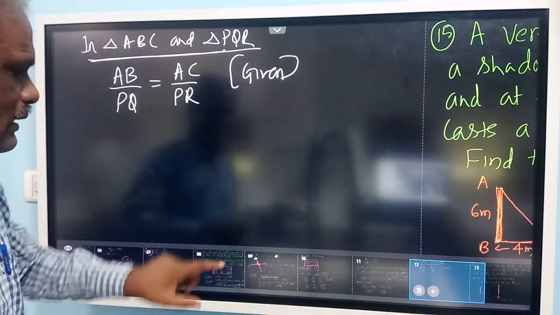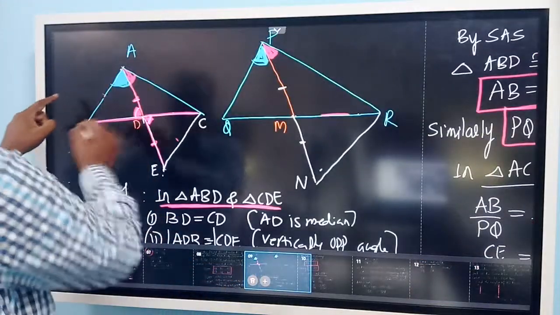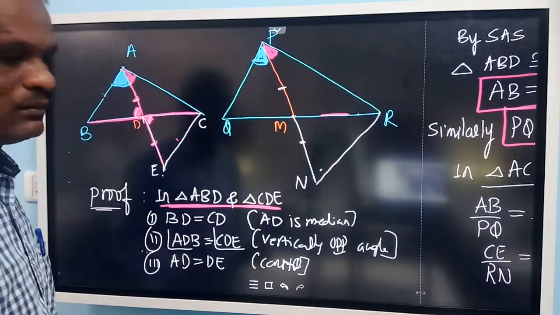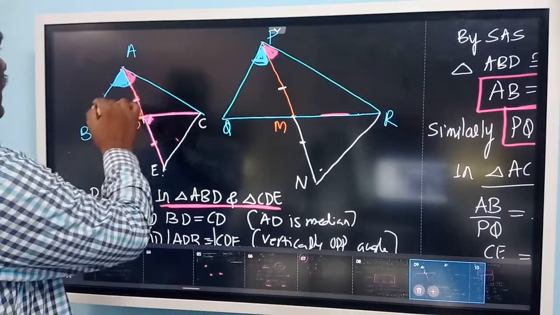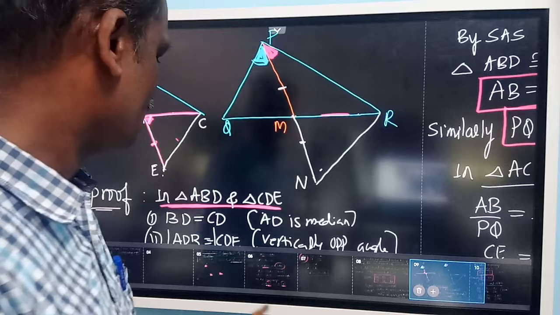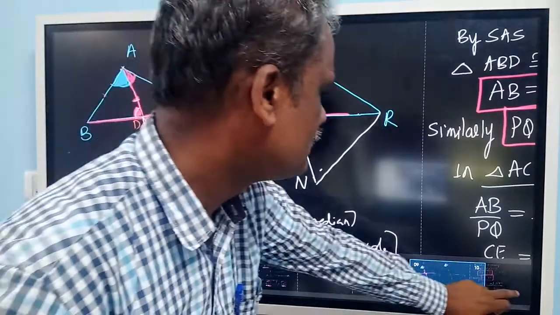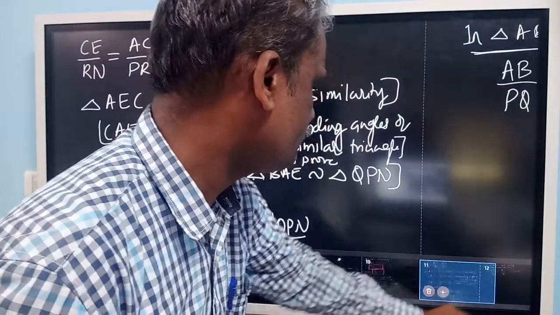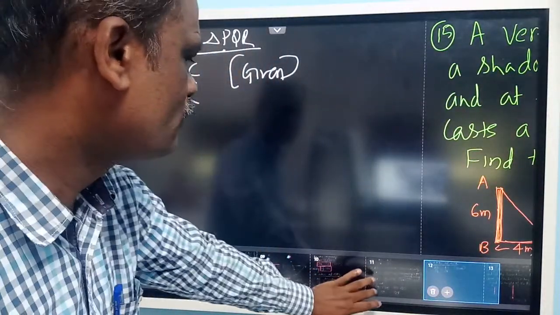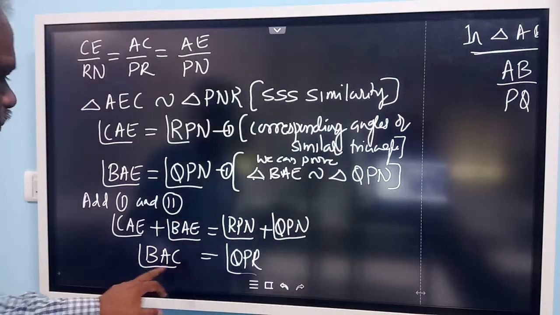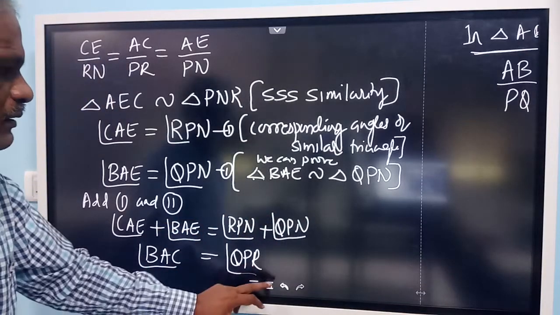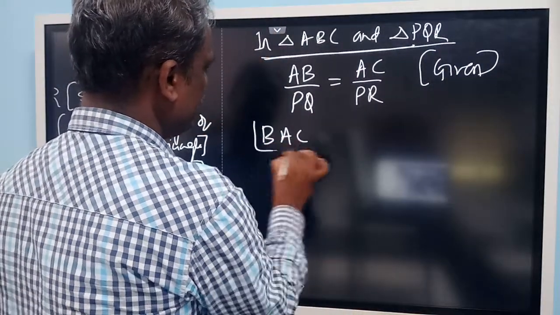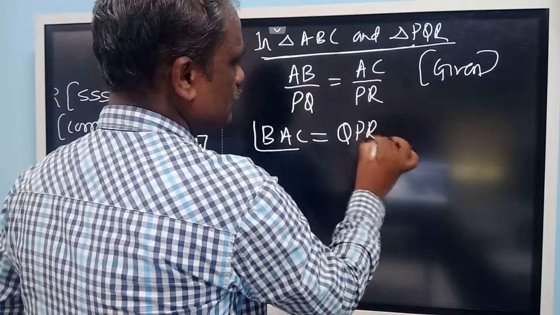Then one more. In these two triangles, AB by PQ is equal to AC by PR. We proved that these two angles are also equal, isn't it? We proved that angle BAC is equal to angle QPR. So I will write here angle BAC is equal to angle QPR.